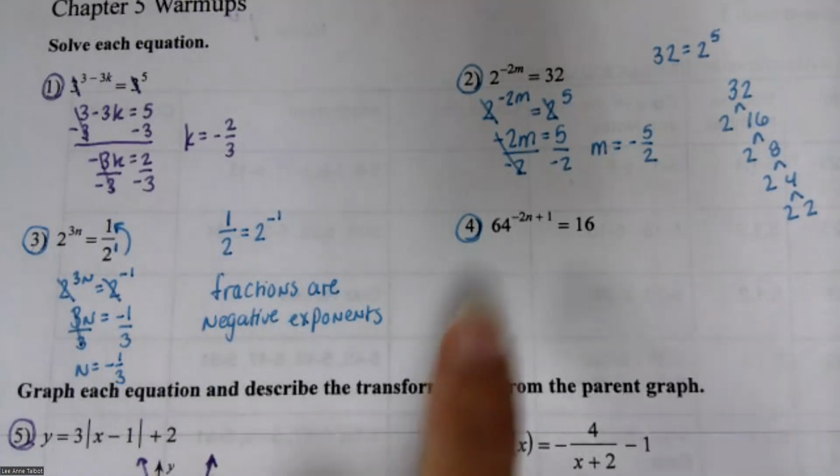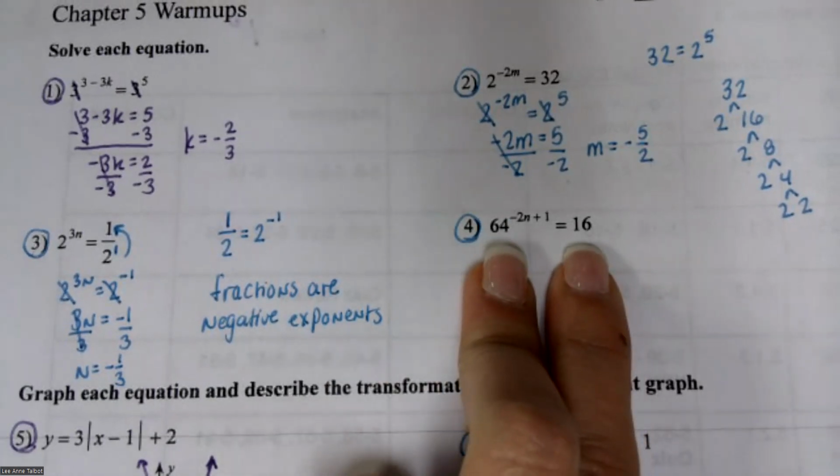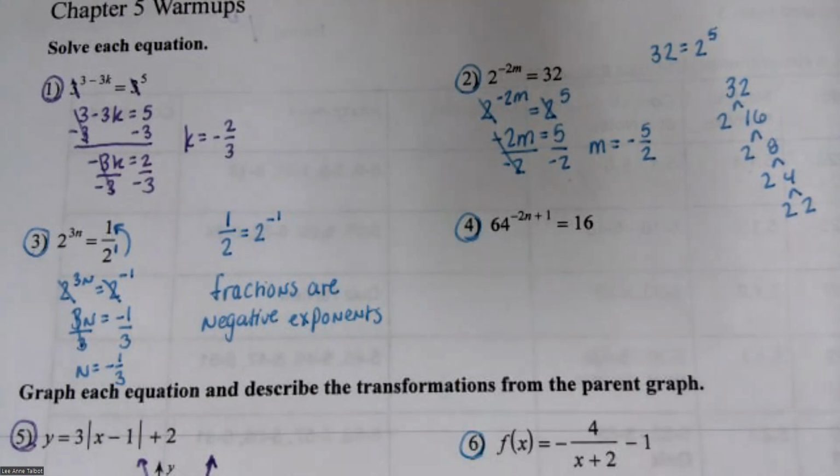Okay, now this one is spicy. You have to actually think, oh no, what base is the same between 64 and 16? Yeah, 4. Right, good. Connor got it.